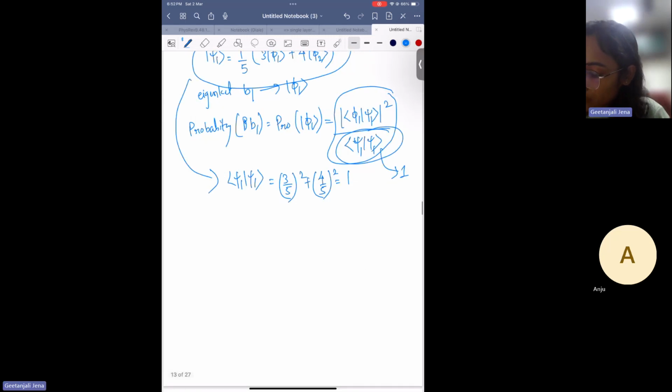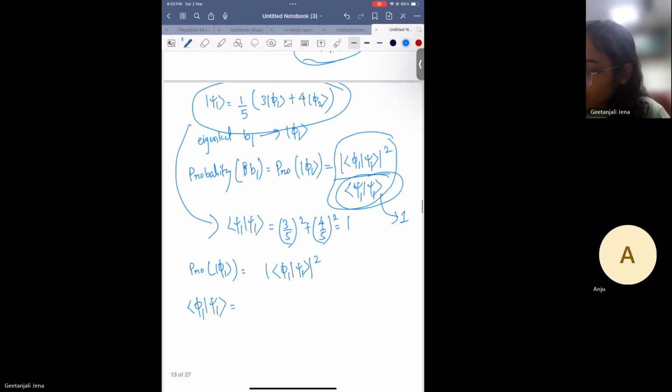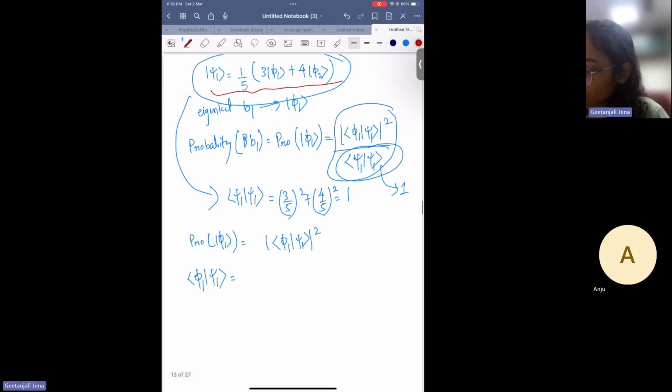So what we are left with is that the probability of getting phi 1 is nothing but the inner product of phi 1 with psi 1, squared.